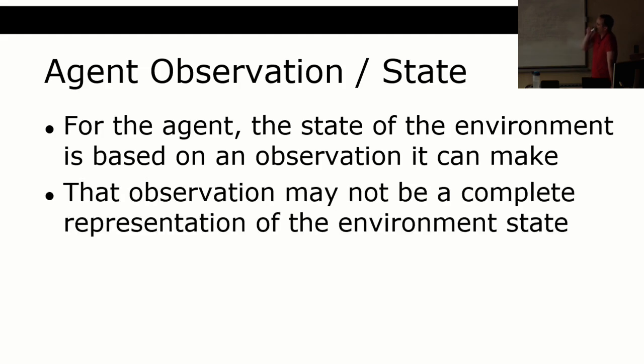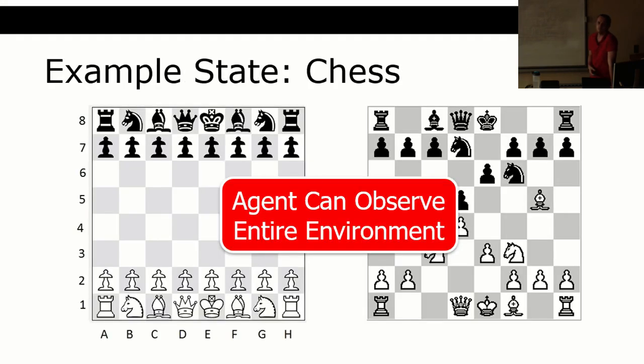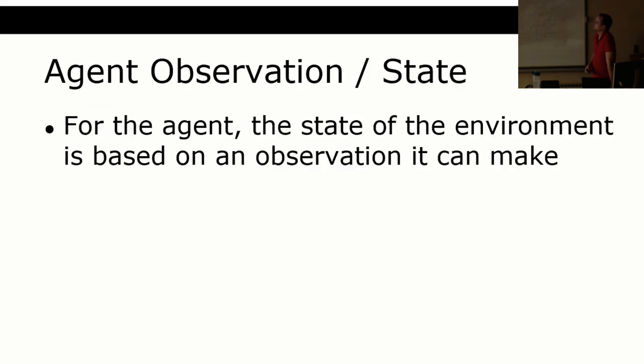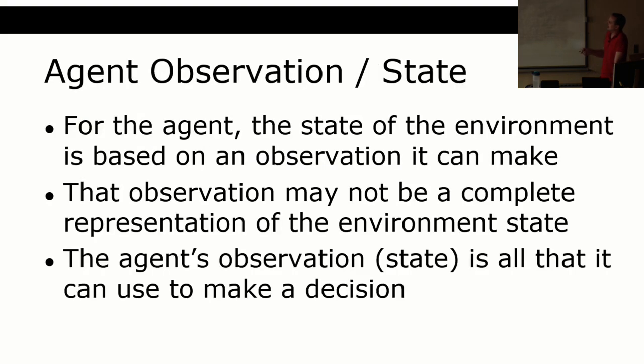The observation may not be a complete representation of the environment state. Like, picture a game of chess where you just can't see the other player's pieces. And it's not until you try and move that the pieces are revealed, or something like that. And so the agent's observation, the state, is all that it can use to make a decision. That's all you can do, right? Is whatever you can perceive, whatever information you've been given, that's all that you can base it on.